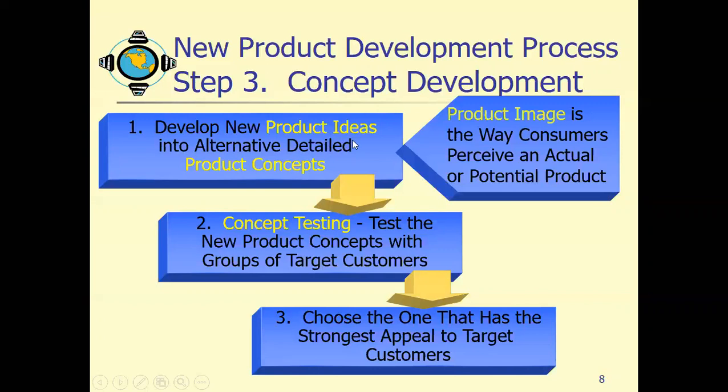So develop new product ideas into alternative detailed product concepts. Product image is the way consumers perceive an actual or potential product. If you can show how your potential product will look, then it is very possible to convince your customers to buy that product.